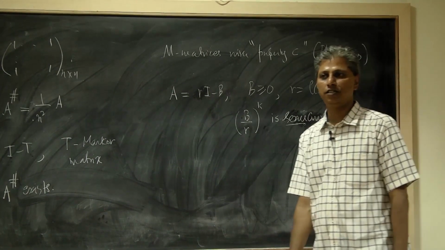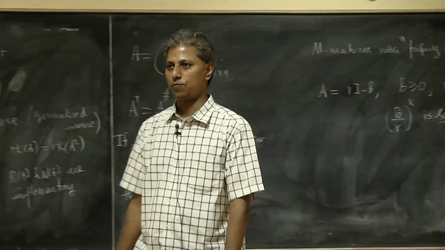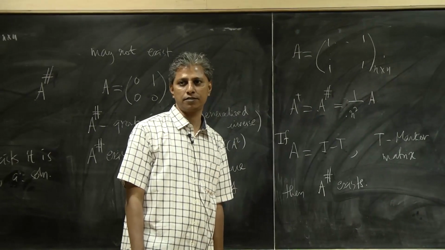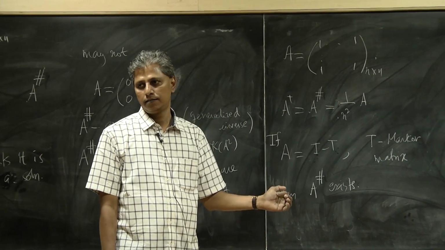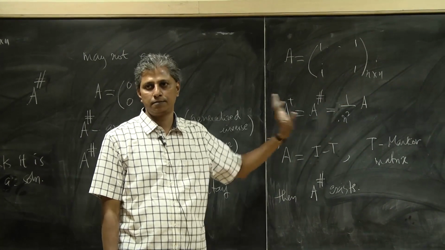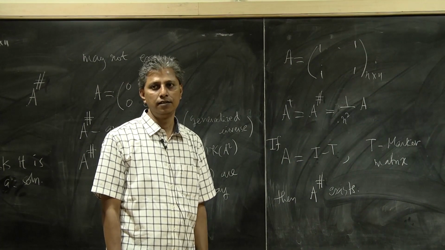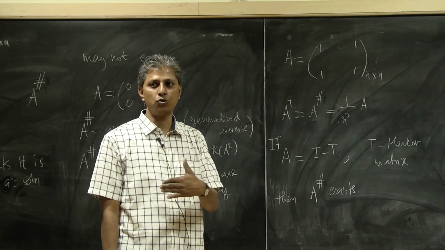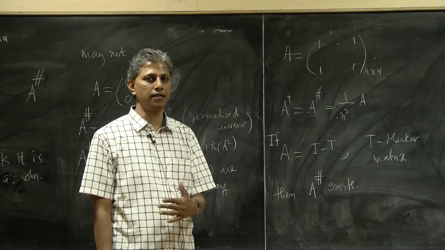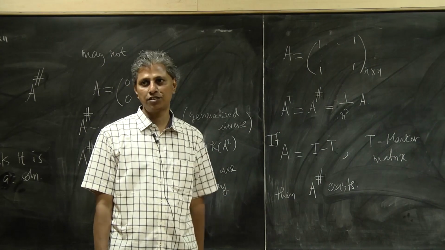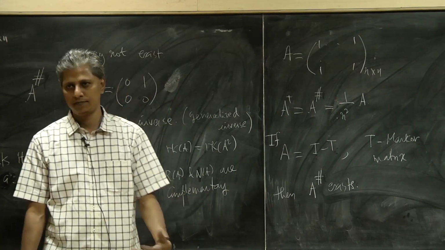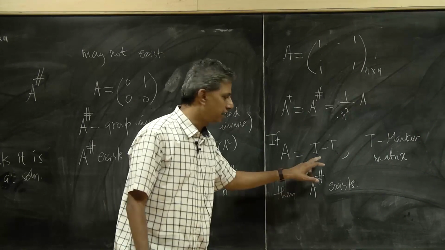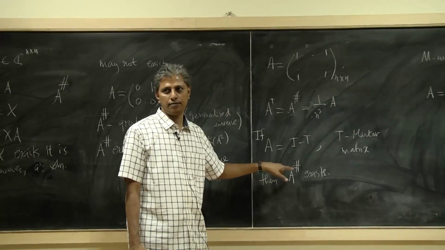Convergent means it converges to 0, which happens for an invertible M matrix. So this is a class of matrices which is not as bad as singular M matrices, not as good as invertible M matrices, something that lies in between. Why was this thought of? Again, because of applications.